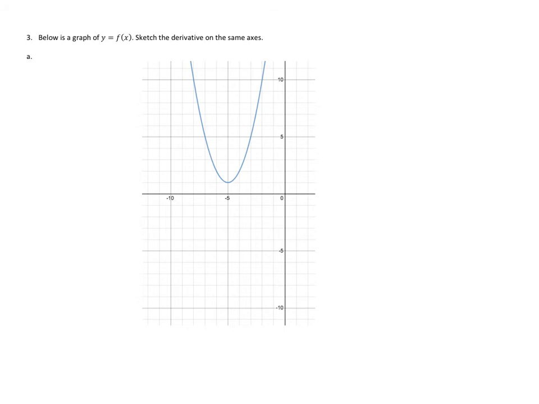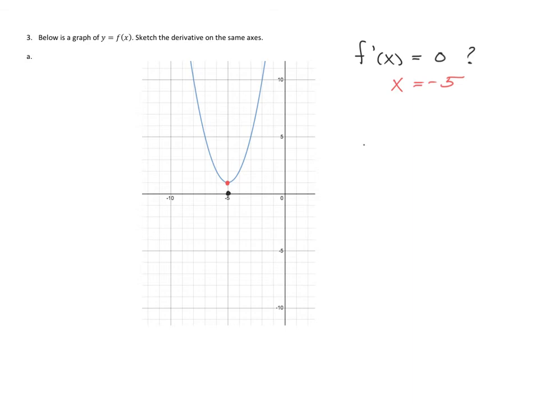All right, if I want to graph the derivative of this function, I first want to know, where does this thing equal 0, if ever? And I see there's one spot, right here. Looks like it's at -5. So I can actually plot 0.